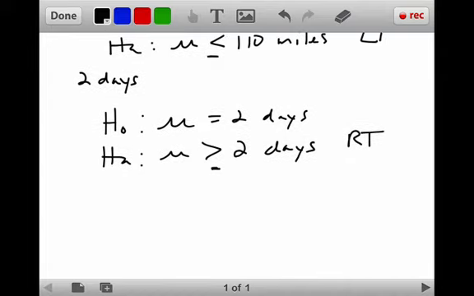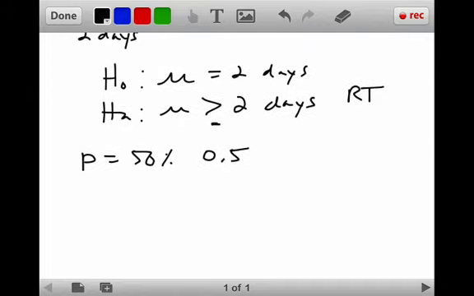For the third problem, they're talking about a proportion, P, of 50%. What we need to remember is that any kind of proportion we always write in decimal form, so 0.5. For our null hypothesis, we're testing the claim that this proportion is the right value, so P is equal to 0.5.